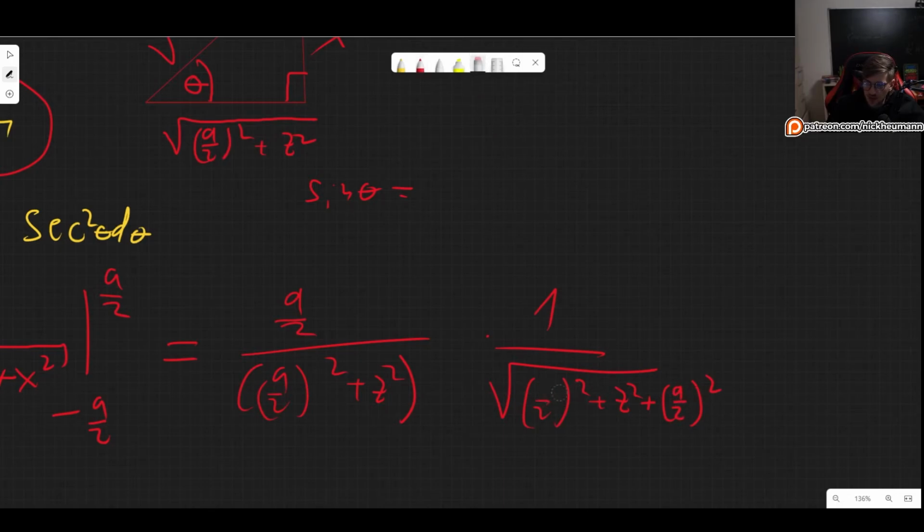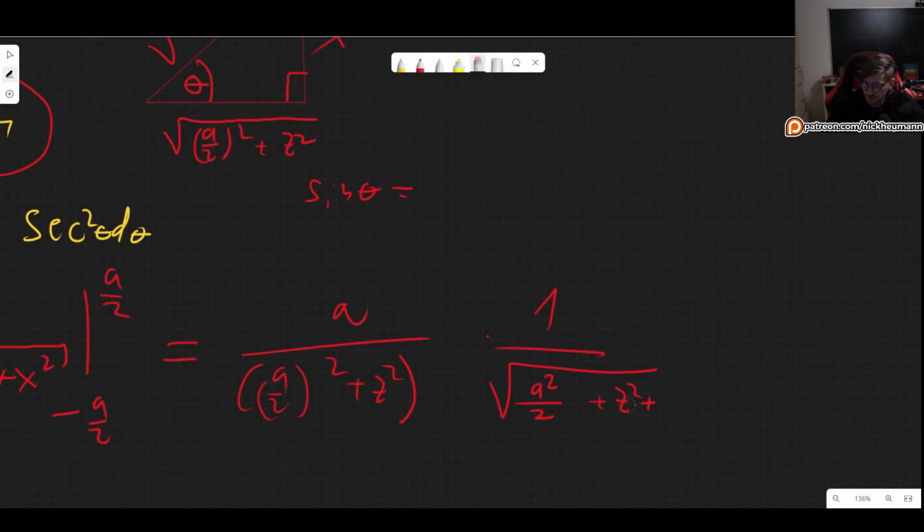But of course we also have this a squared there, so we end up just as before with a squared divided by 2, right? This is 2 times a squared divided by 4. Okay, so that is from the first part, and then we have to do minus a over 2 divided by the exact same thing. So we end up with minus, they cancel out, with plus a over 2. So basically we are adding the same thing twice, as we saw before, because it's an even function in this symmetric interval. So we end up with twice this result. So 2 times a over 2, which is simply a.